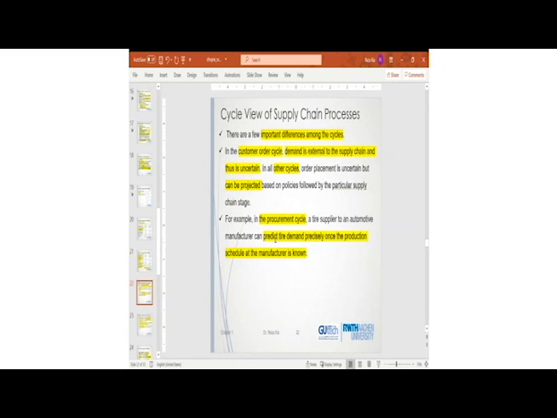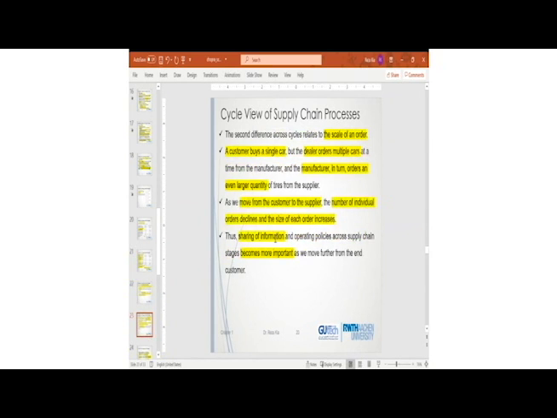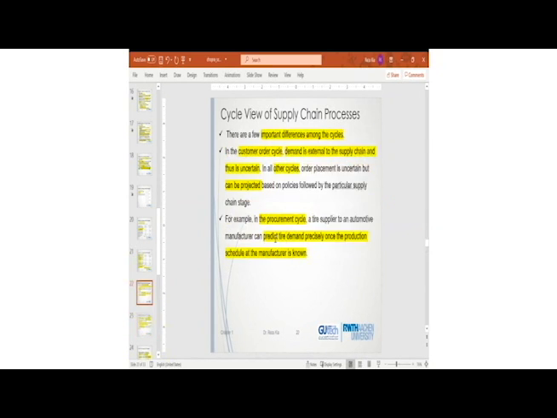And I mentioned that there are some differences between cycles, specifically about the order cycle. When we are going from the downstream to the upstream, the amount of order is just increasing. And also the concept of certainty and uncertainty will be different.